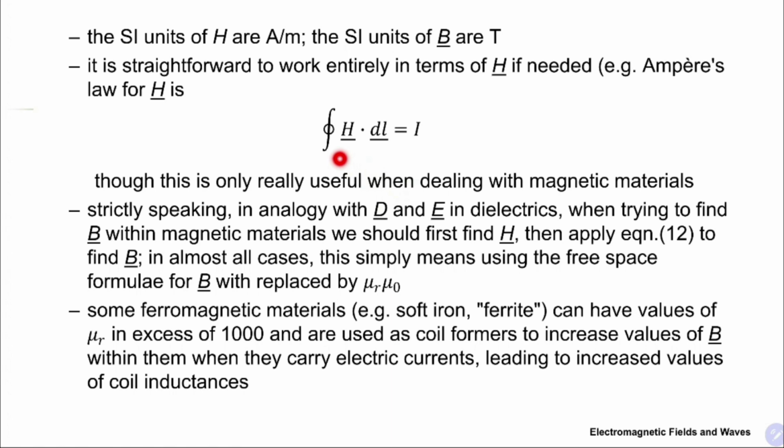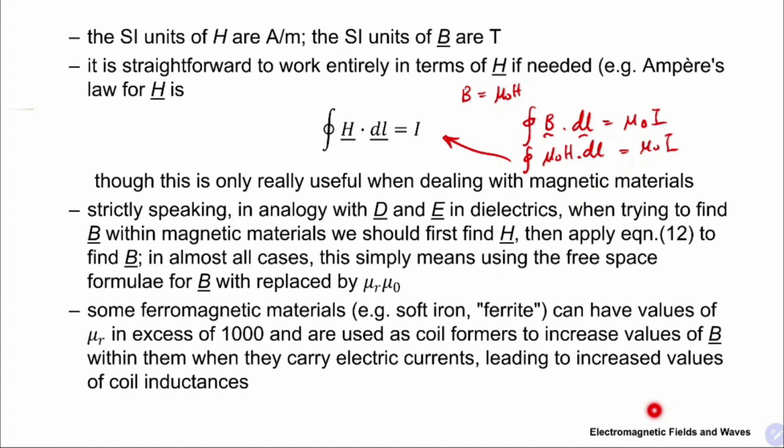If you apply Ampere's law using H, then it will equal I instead of mu naught I. Originally, we talked about the integral of B dot dl equals mu naught I, and then we said that B equals mu naught H. So if I substitute mu naught H into the integral, that leads us to the integral of H dot dl equals I. For some ferromagnetic materials, i.e. soft irons or ferrites, we can have mu R in excess of thousands, and those are normally used as a core for your transformer or any other inductive applications.